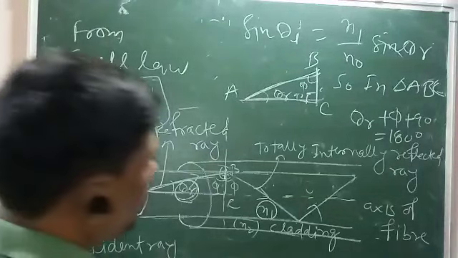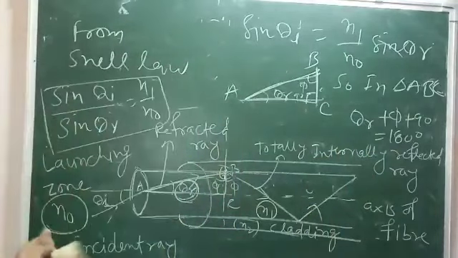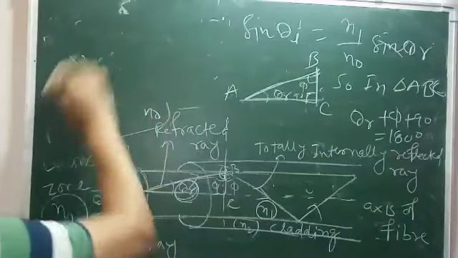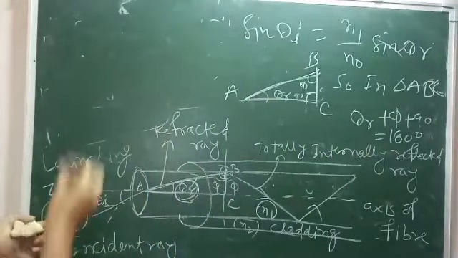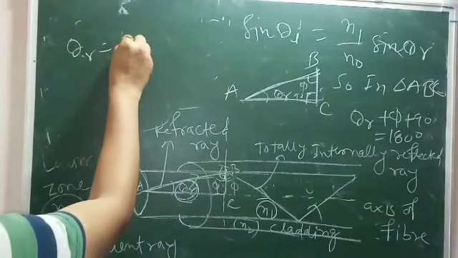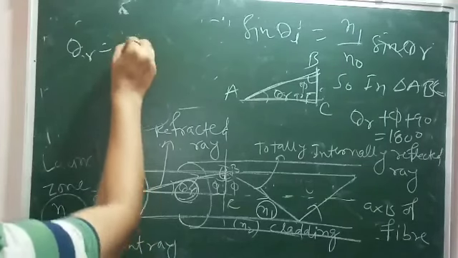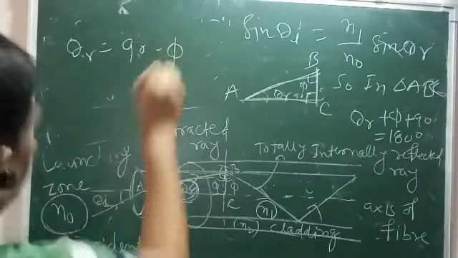So we can calculate the value of theta r. So theta r is equal to 90 minus phi.